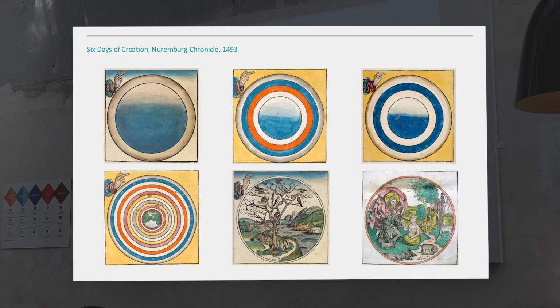So the language of scientific explanation absorbed many elements that are already established in the language of theology. This is the Nuremberg Chronicle again, and this is the 6 days of creation. You see that hand on the upper left, which is a visual code for God's act of creation.